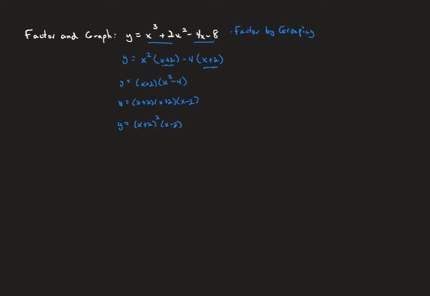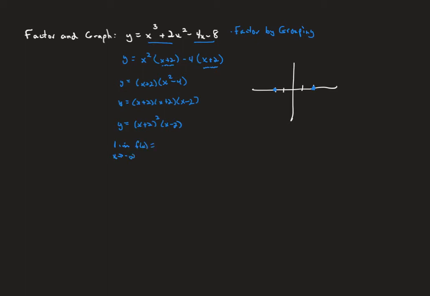Now we can take this form and we can graph it. We can see from our factored form that we're going to get an x-intercept at negative 2, and that we're also going to get an x-intercept at positive 2, and so I'll put points down there. Looking at our left end behavior, I'm going to write this again using the formal limit as x goes to negative infinity of f of x.